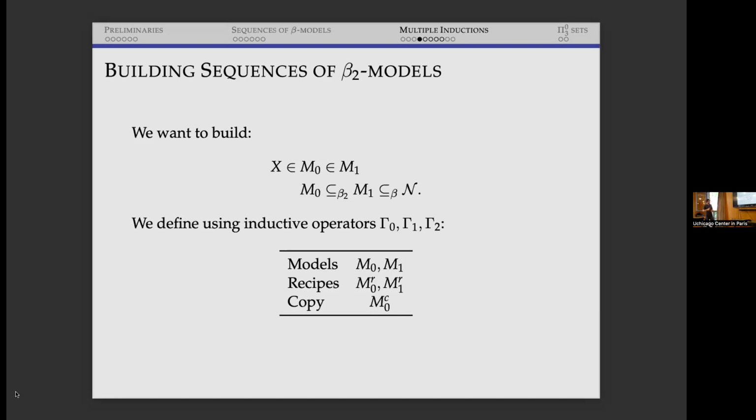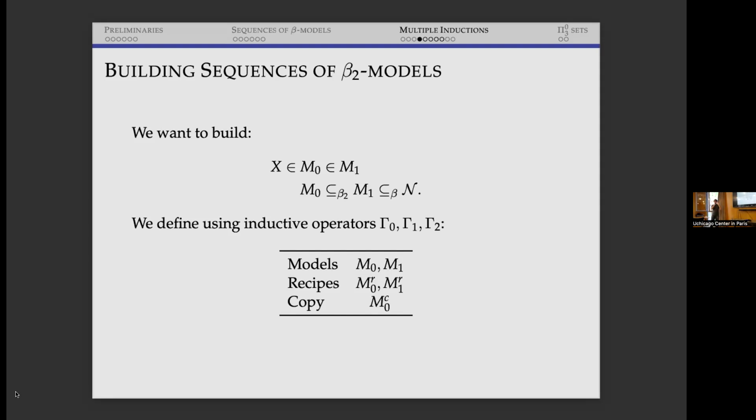This is fine. You want to make M0 be a beta model of M1. This is also kind of fine. But making M0 be an element of M1 and guaranteeing that they grow is going to take a little more work. So we're not just going to define the coded models at once. We're also going to define a few auxiliary sets.